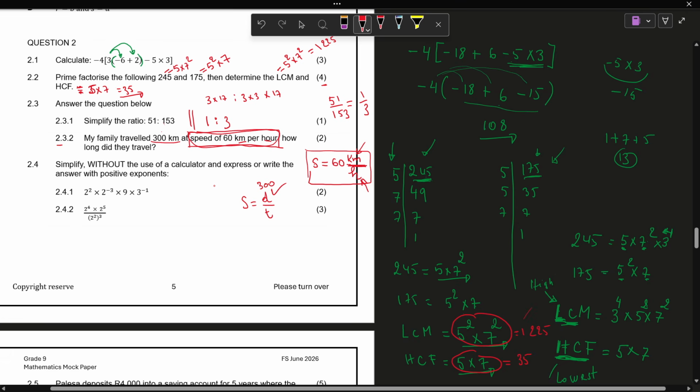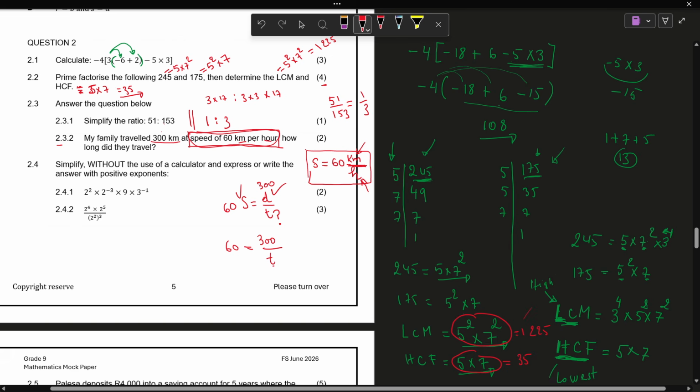And then, at the speed of 60 kilometers per hour, the speed S is 60. And it says, how long did they travel? How long means what is the time? We need to find the time. So let me rewrite this expression: 60 equals 300 over time.